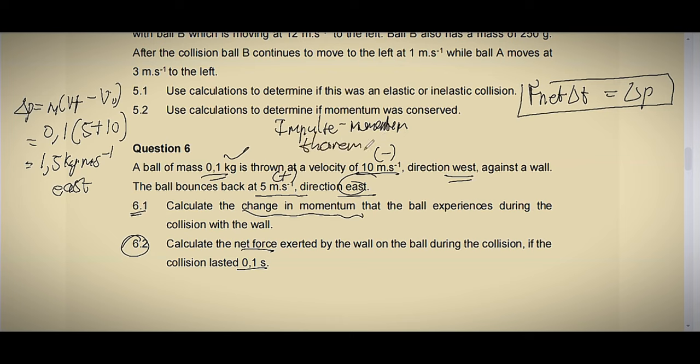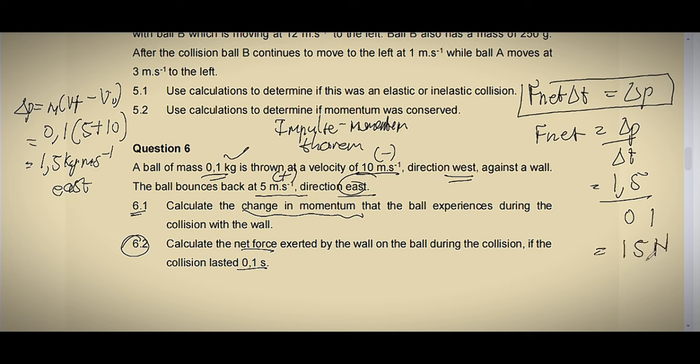Then this is F net is equal to change in P over change in T, right? So we just calculated the change in P here, so that means we can just go 1.5, and then our delta T is 0.1, right? So if you just go 1.5 divided by 0.1, that should give you 15, right?